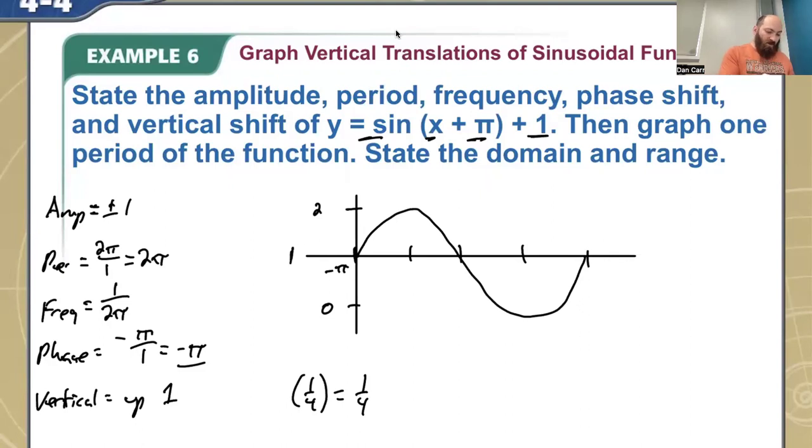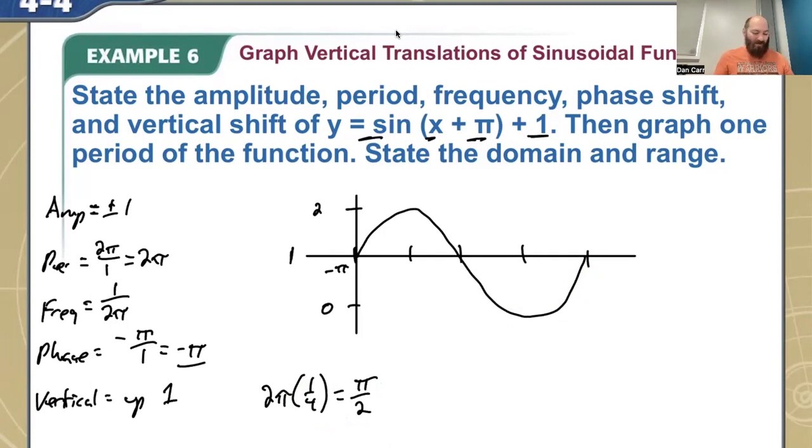But when I do this, remember this 2 pi is being split up into fourths. So it's 1 complete 2 pi to go from here to here. So I split that into fourths, and I get pi over 2. So with a negative pi as my phase shift, I'm going to add pi over 2 every time.